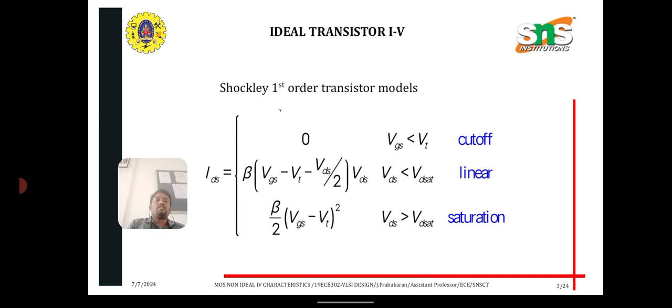Here VGS greater than VTH and VDS greater than VGS minus VTH. Here the drain source current is relatively independent of drain source voltage. IDS equal to beta divided by 2 into VGS minus VT whole squared, where VDS is greater than or equal to VDSAT at the saturation region.